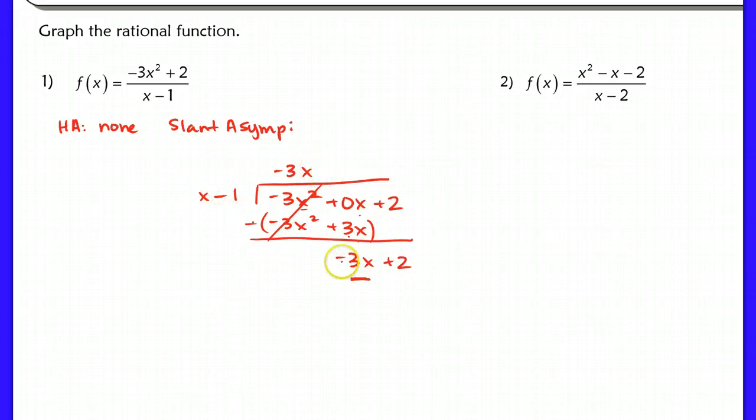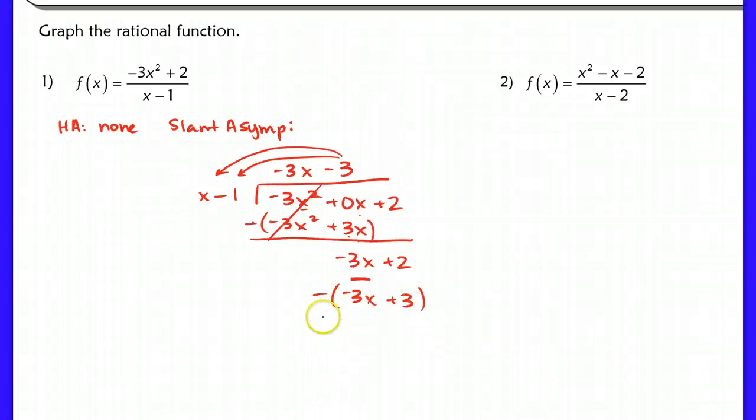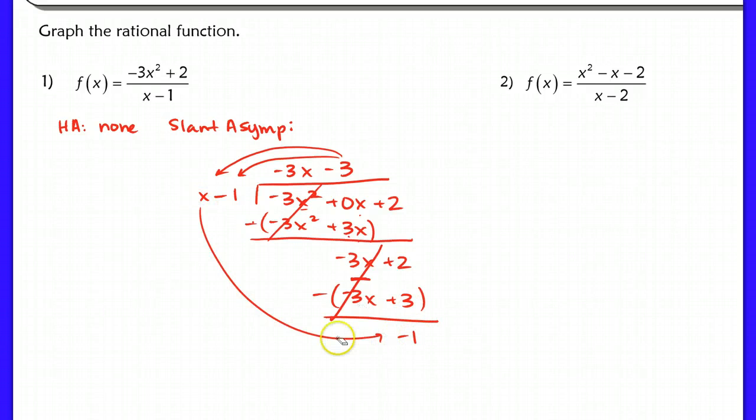So x fits into negative 3x negative 3 times, and if I multiply that back out and distribute it here, I would get negative 3x and positive 3, and then I'm going to subtract that whole expression here. These are going to cancel, and I'm left with 2 minus 3 to give me negative 1. Now, x cannot fit into negative 1 at all, so we're done with this long division.